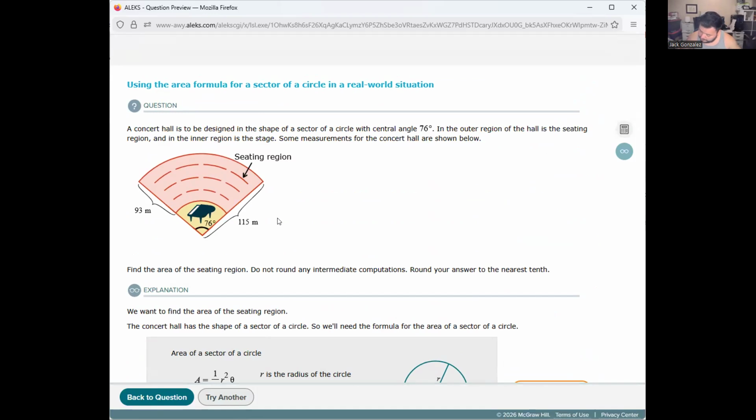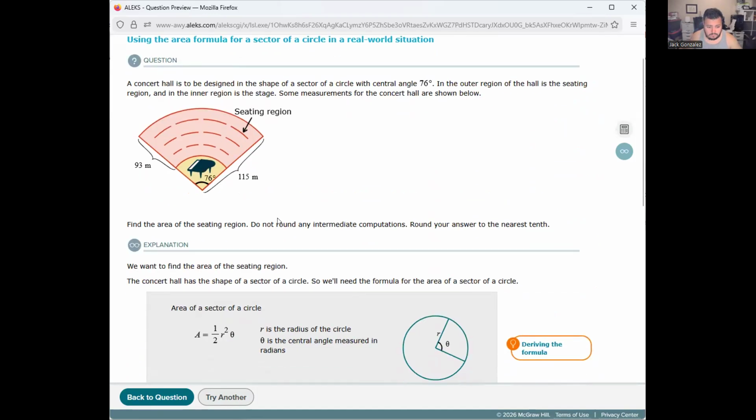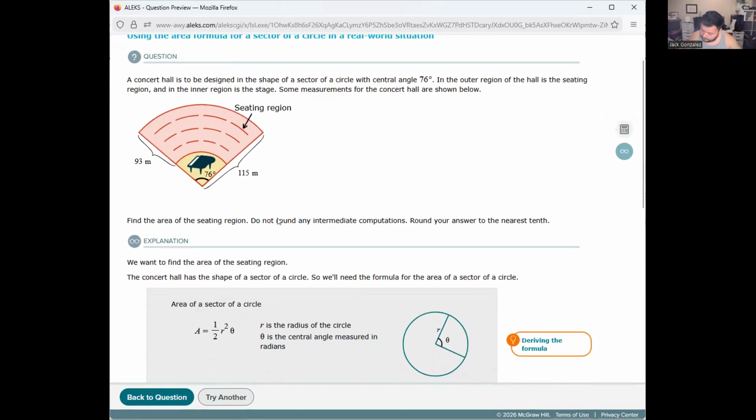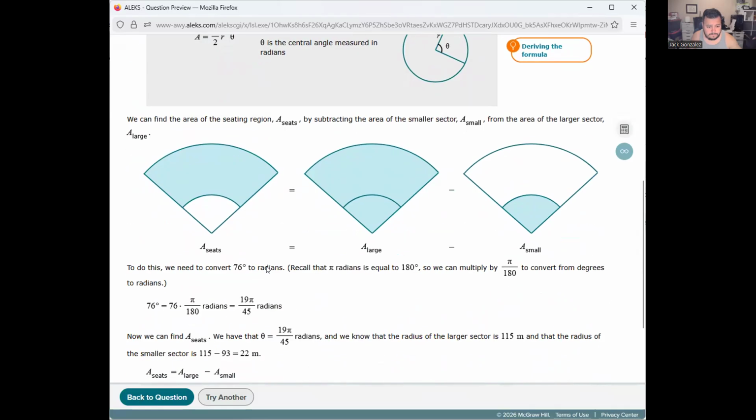Find the area of the shaded region. A is equal to 1/2 r squared theta. And I'm just going to use their conversion because they already did it. Theta is going to be, let's skip one step here, 19 pi over 45.